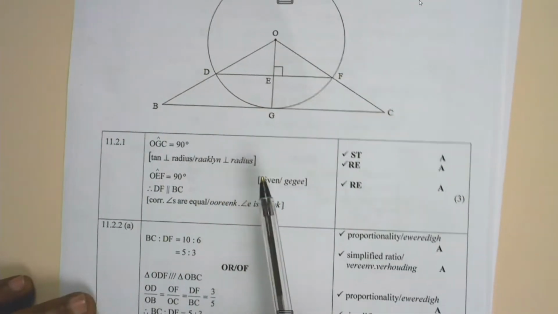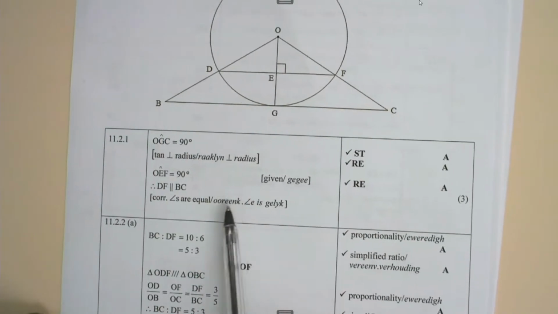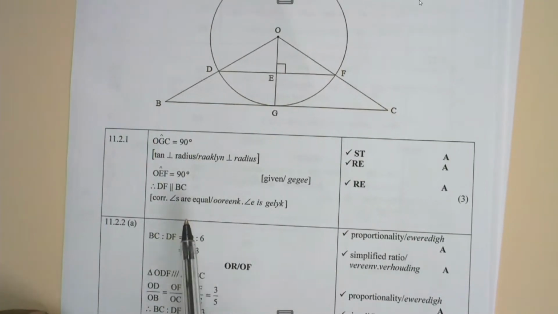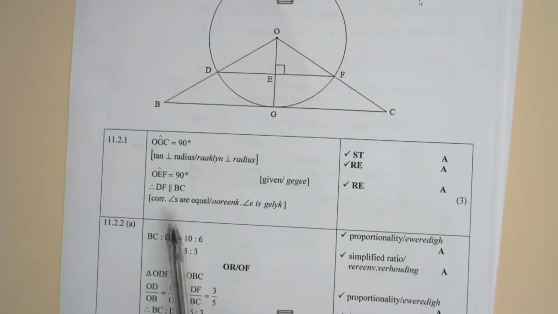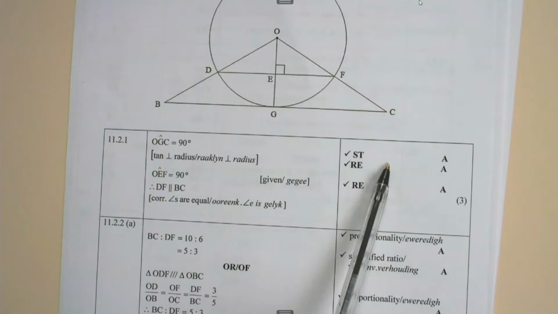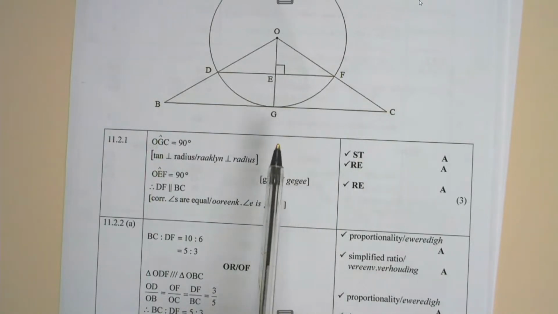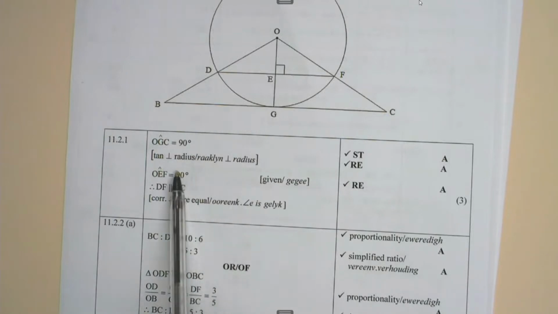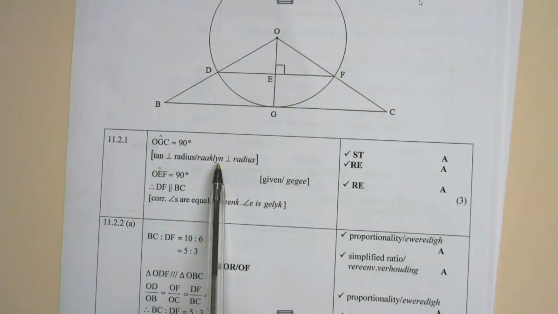Now here, they want to prove that DF is parallel to BC. And then start by saying OGC is equal to 90 degrees. There's a mark, as you can see on the marking guideline, one mark for OGC. And then what is the reason thereof? Tangent perpendicular to the radius.